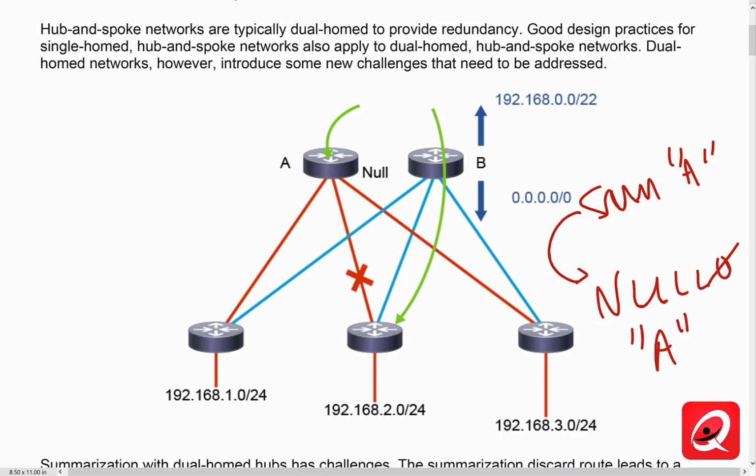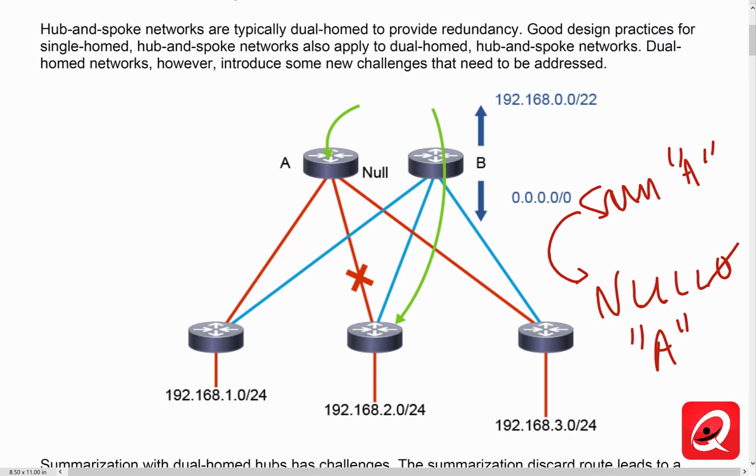In this case, let's say 192.168.0.0/22. When hub A loses a connection with one of the spokes, that 2.0 route is removed from the routing table, but the summary is still being advertised because we still have the other spoke that we're connected to. So incoming packets that go to that 2.0 subnet are being discarded because of that summary null zero discard route that was created.